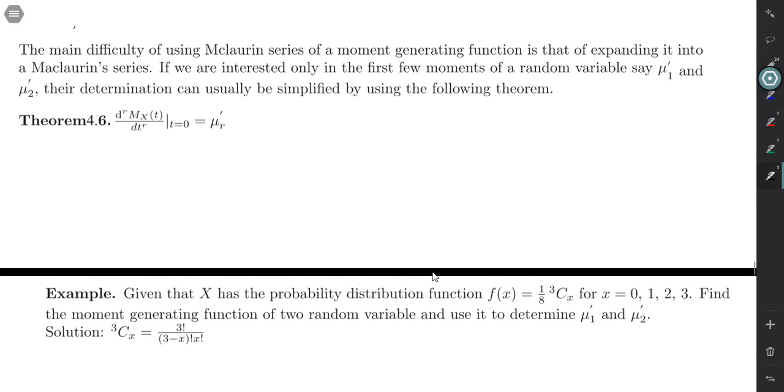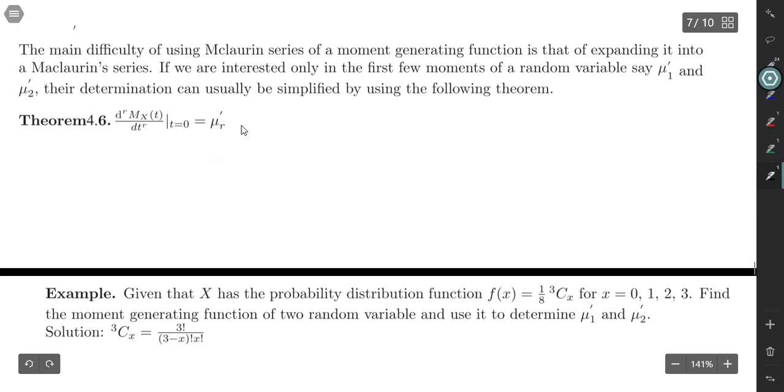The main difficulty in this technique is that you have to find the Maclaurin series. You have to derive the first derivative, the second, third, and so on, and evaluate them at 0 and find the Maclaurin series. So sometimes it will be a little bit complicated. In such situations, you can use this theorem 4.6 to get the moments.